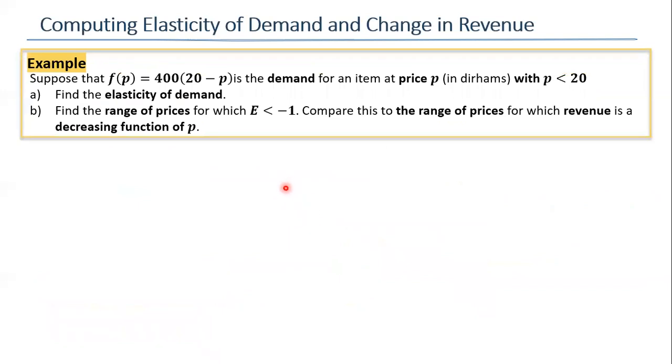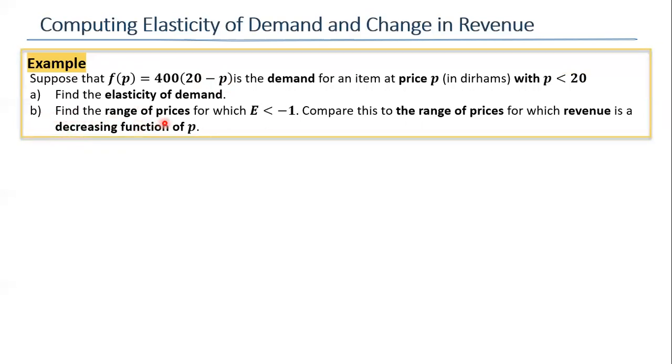Let us take an example. Suppose that f of p equals 400 times 20 minus p is the demand for the item at the price p in dirhams, with p less than 20. Find the elasticity of demand. This has two parts. A, find the elasticity of demand.